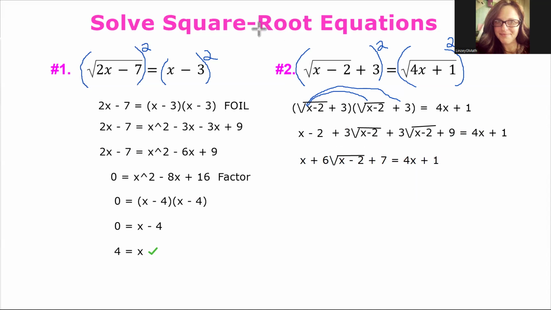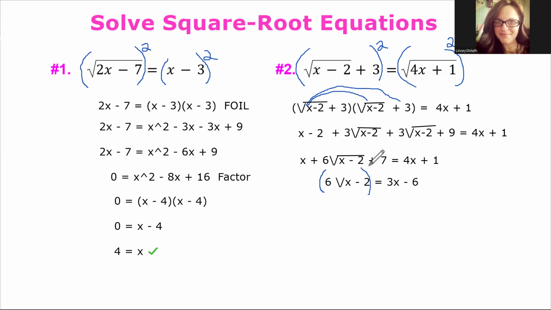And let's see, we can subtract x and subtract 7, bring that over to the other side of our equal sign, and we get 3x minus 6. It looks like we're going to have to square both sides again.